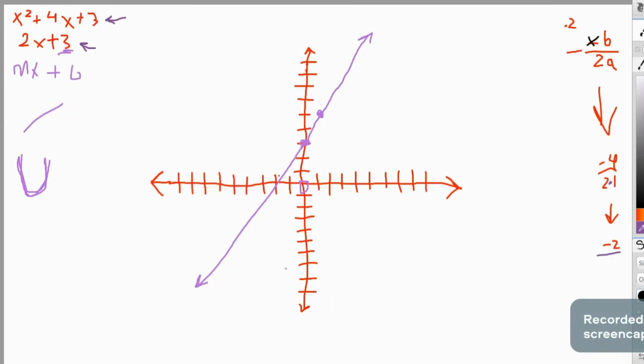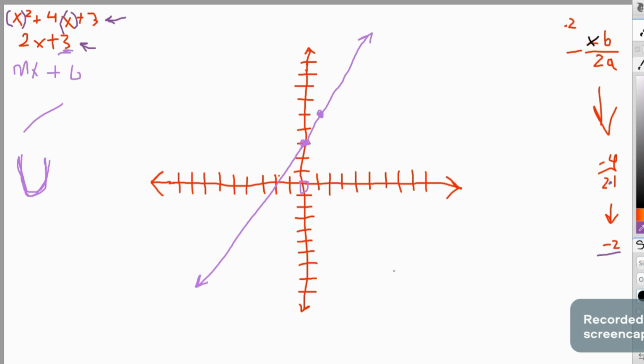Negative 2 squared, you'd have to put the parentheses around that. Let me also explain that real quick, because that is very important. Make sure you have the parentheses in these brackets. That is very, very important, okay? That's what I should state first.